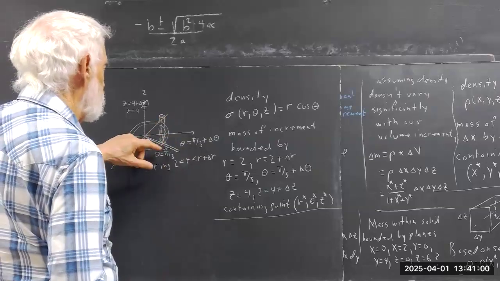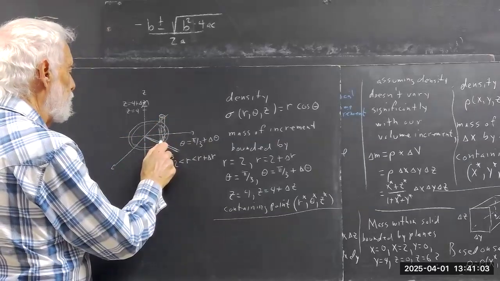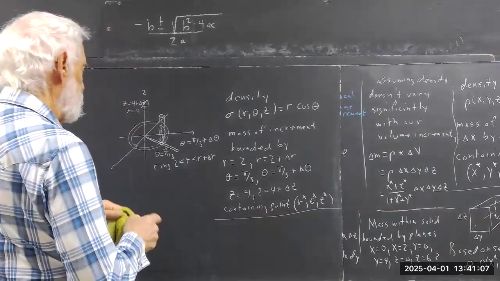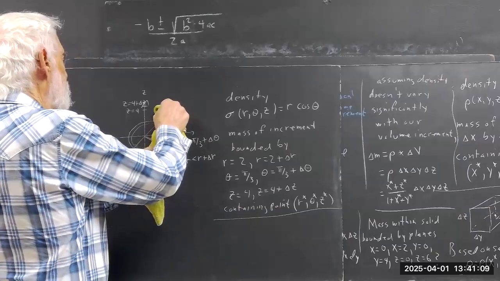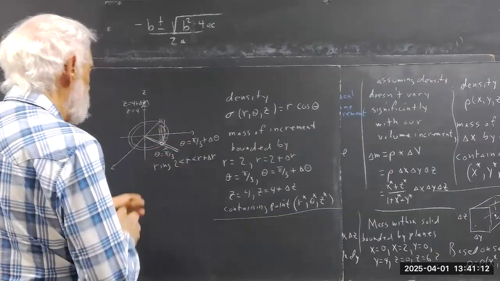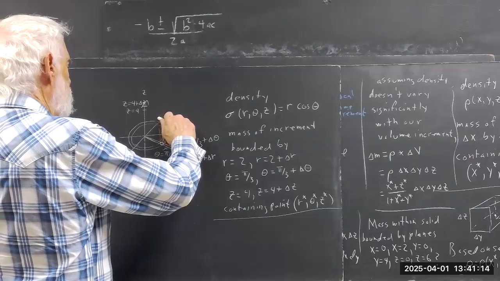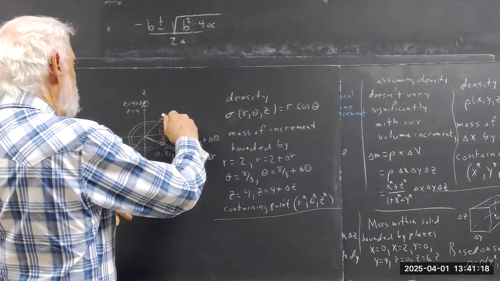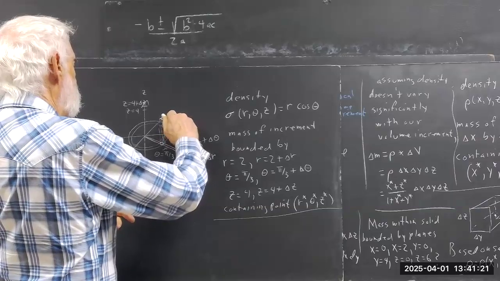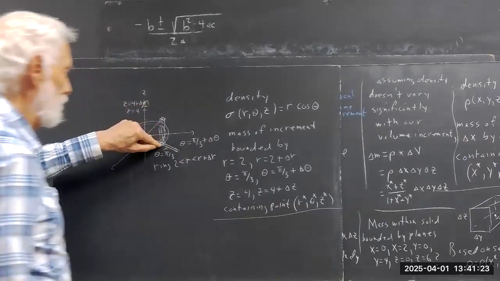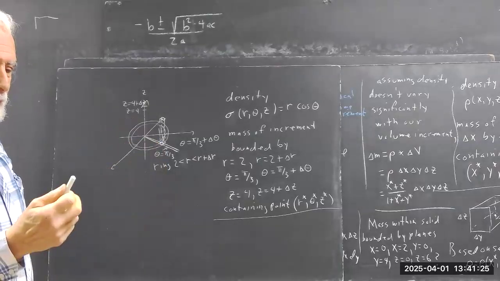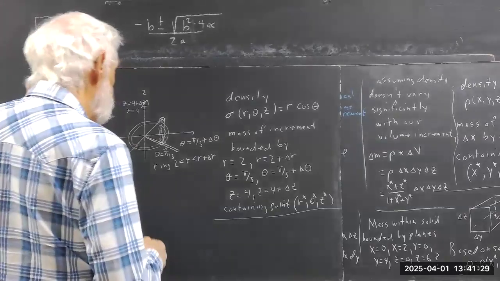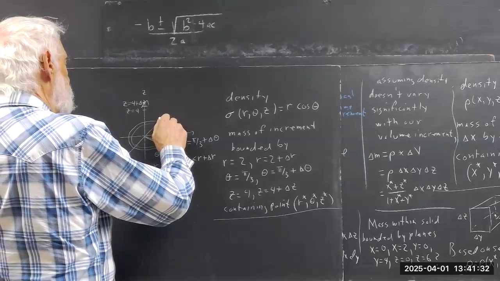Not drawn very well, but you understand, I take this little increment down here and raise it up here. Now that increment ought to look a little bit more like the one I have here. So this is supposed to be the same size and shape as this. I just can't get the tip of the chalk to go where I want it to. Okay. And then it's going to have a height.